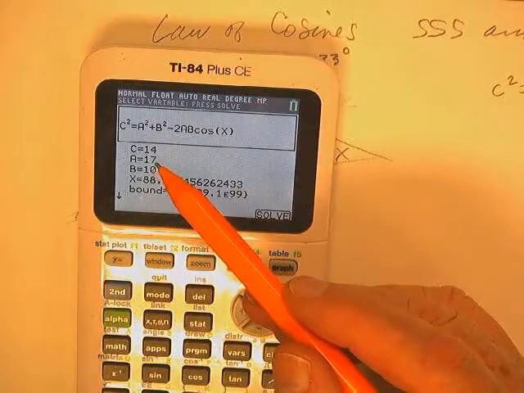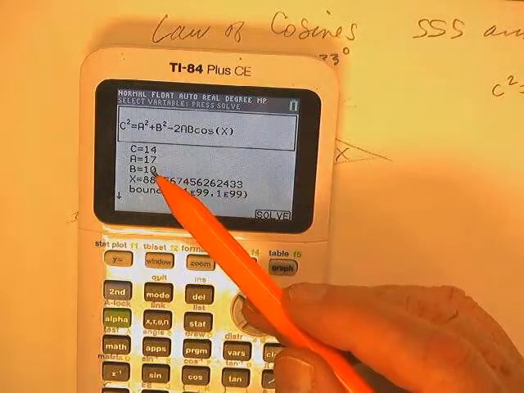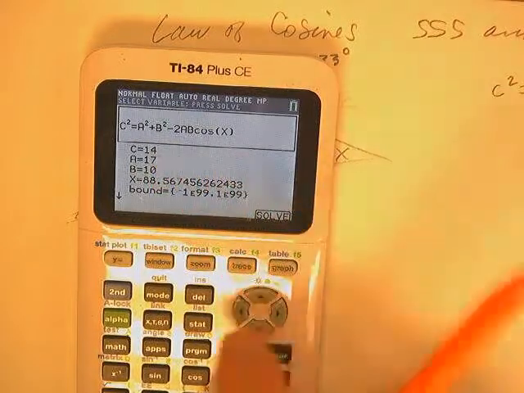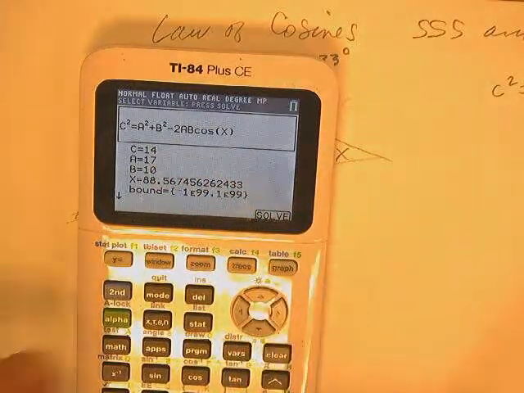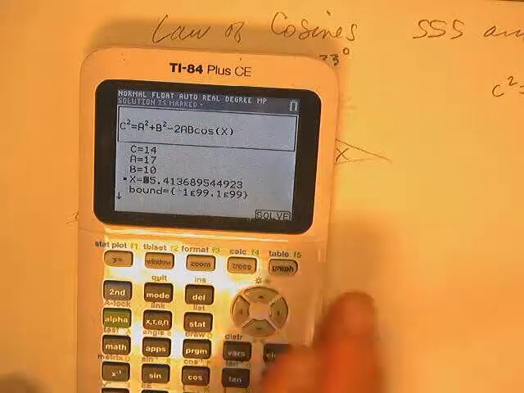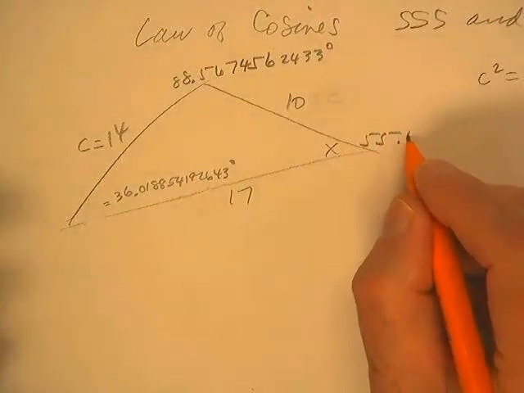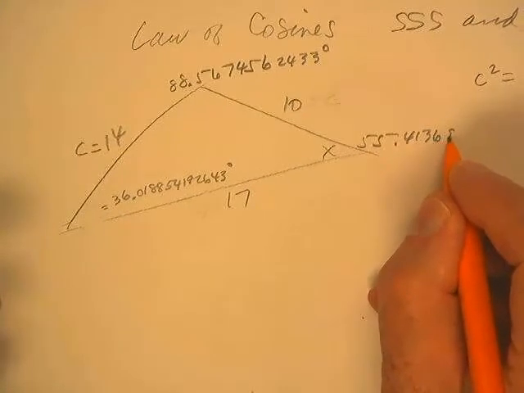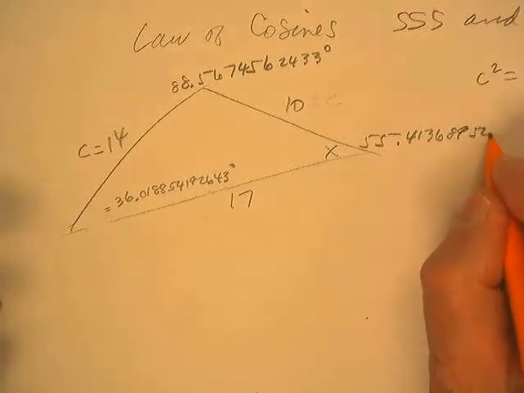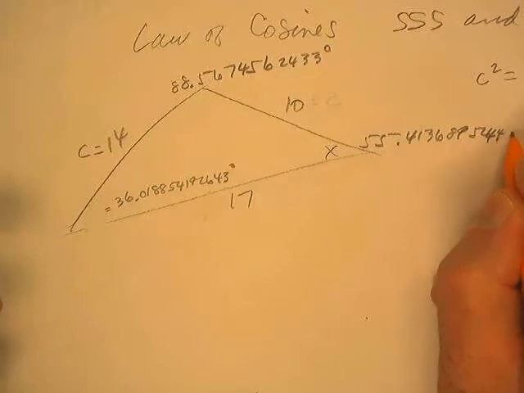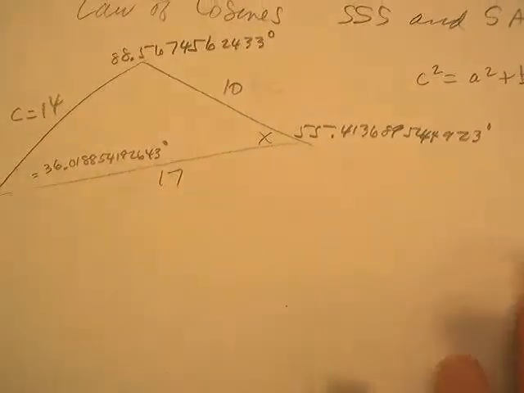As long as these other two sides are 17 and 10, it doesn't matter which one is which. Then you go down here, alpha enter, there's that other angle. 55.4136... degrees. And we're done.